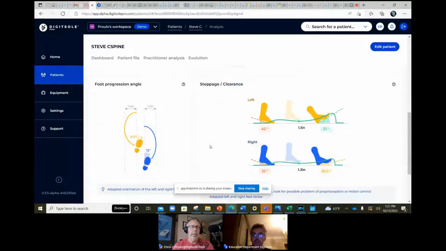I'd mentioned this earlier that he has what I called a dangerous walking pattern because it won't take much and he could trip and fall, especially as he is toeing in. He does not have good clearance. And so that's a potential problem.